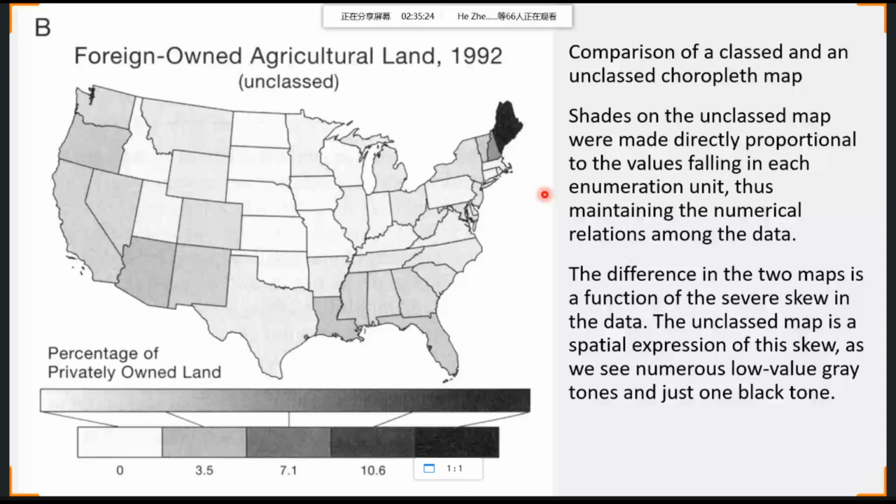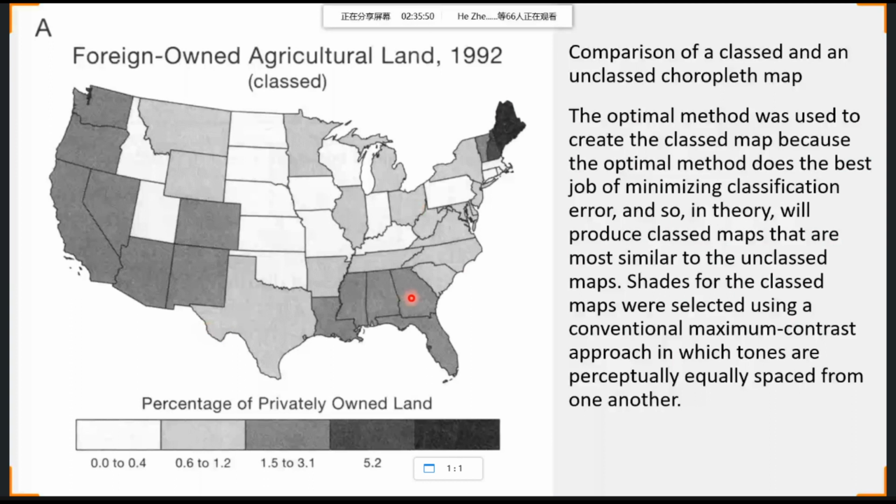The unclassed map is a spatial expression of this skew, as we see numerous low-value gray tones and just one black tone. So you see here, these areas are very similar. This area stands out as an outlier. And if you compare, I go back a step. So of course, the differences are more emphasized here, which might be useful for analysis, but in some situations might be misleading.